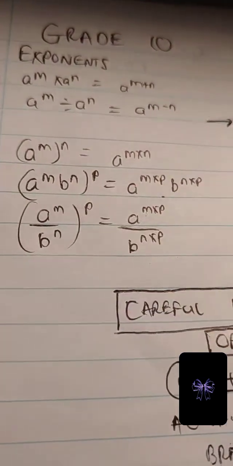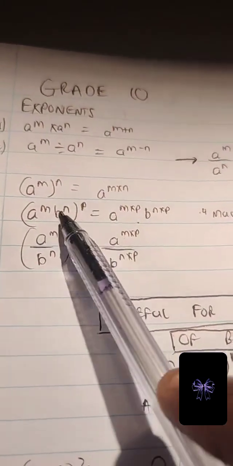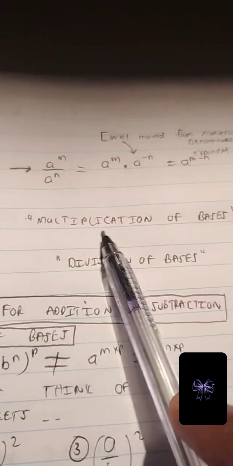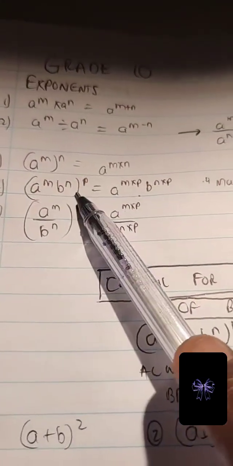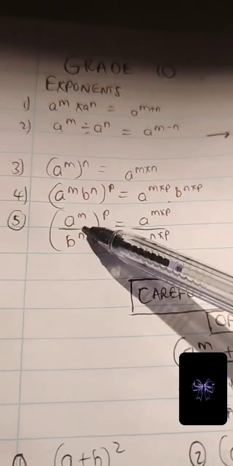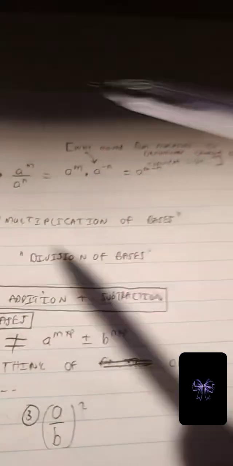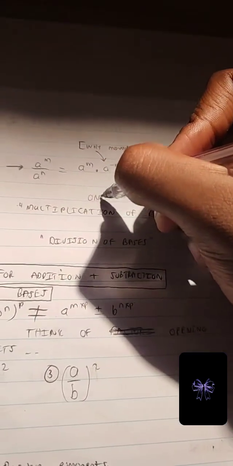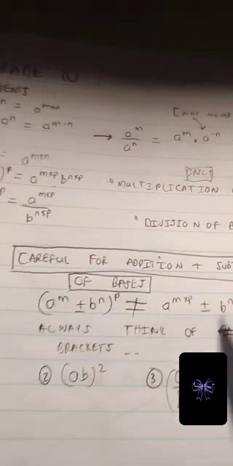You can do that likewise for division. So this whole distribution of an external exponent by multiplication only happens when there is a multiplication of bases inside the bracket or a division of bases inside the bracket. It only applies for multiplication and division of bases.